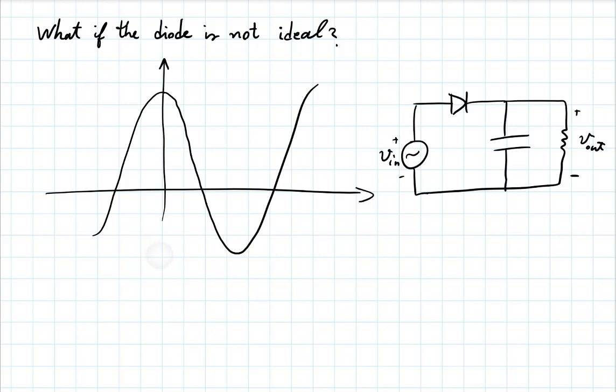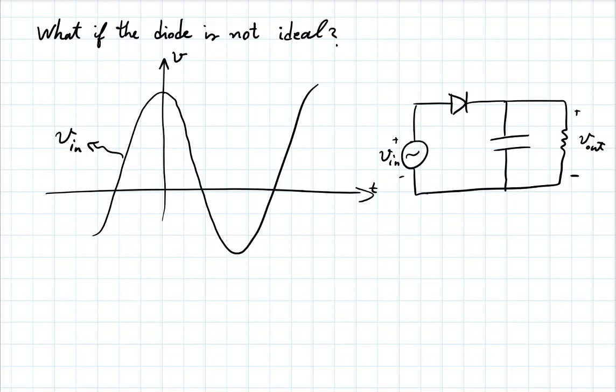So this is my Vin as a function of time. If the diode takes 0.7 volts across it in the forward direction when it's on, during the time when the diode is on, what is the difference between the input and output voltages? 0.7 volts, right? Just think about your KVL going around the big loop.